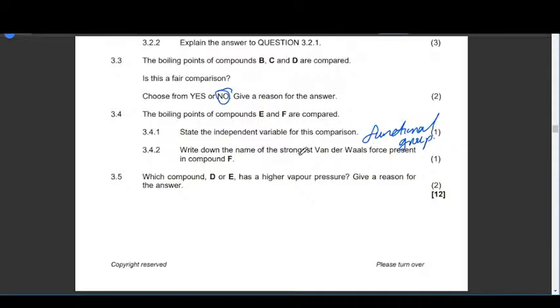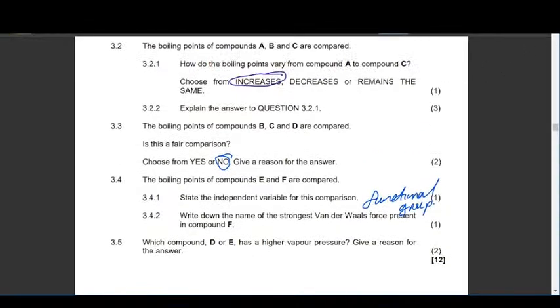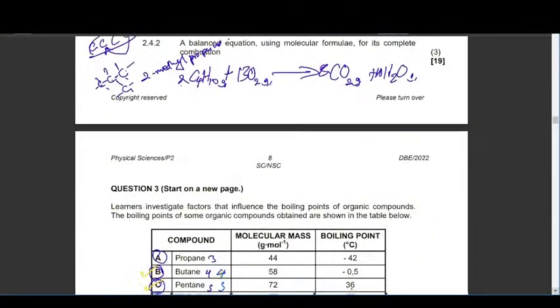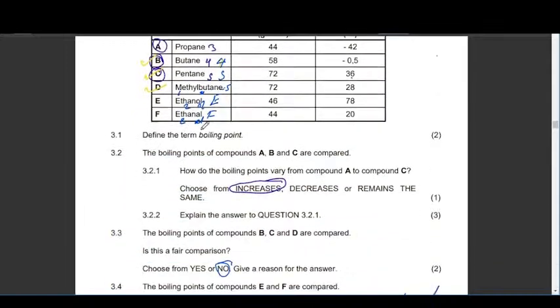Write down the name of the strongest van der Waals forces present in F. F is ethanal. Ethanal has no hydrogen bonds. That's why you see that its boiling point is lower than ethanol, which has hydrogen bonds.